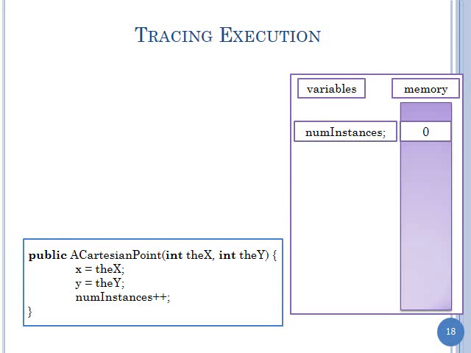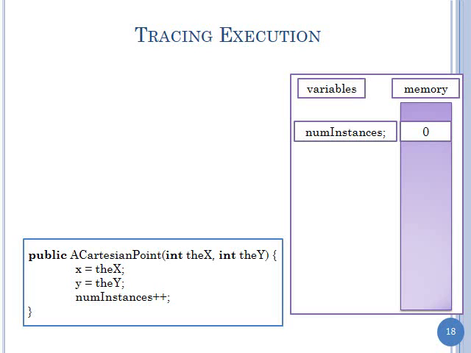Okay, and let's trace the execution now. So num instances will be allocated in memory when? Sorry? When a Cartesian point is constructed, which Cartesian point? I mean, the first one?